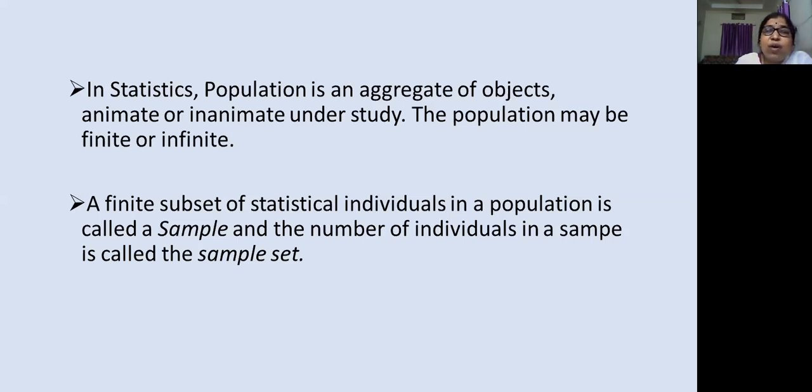These are inanimate, but we are studying the damaged books in the X college library. So capital N would be the number of books in that library, in which we want to see how many are damaged over a period of 10 years. So our population here is inanimate books, those which are in the X college library.